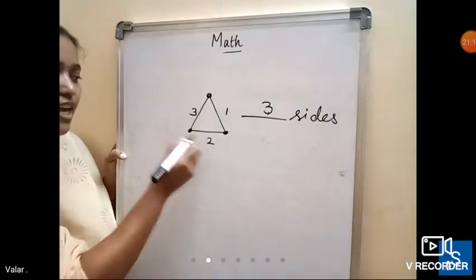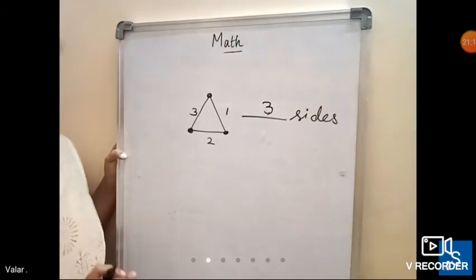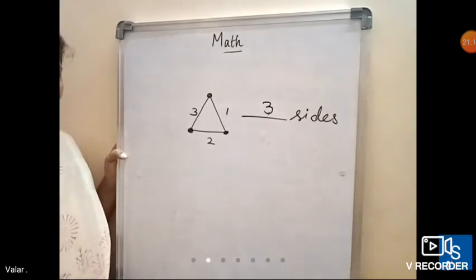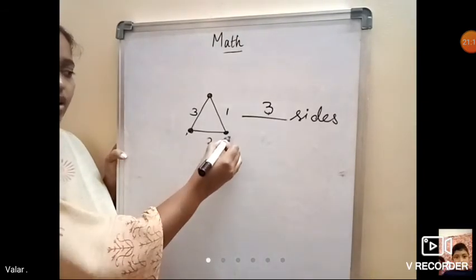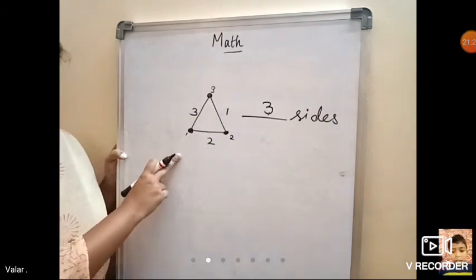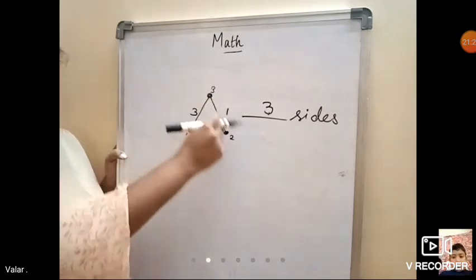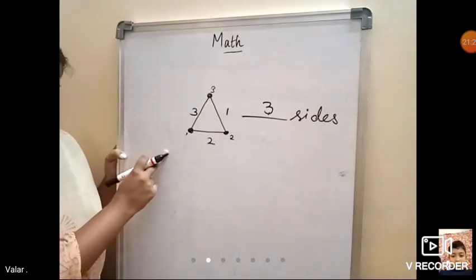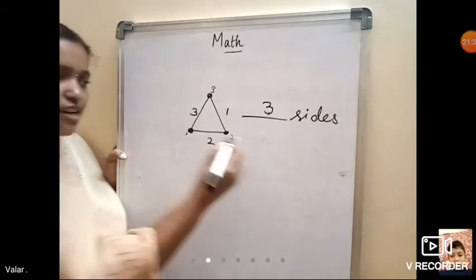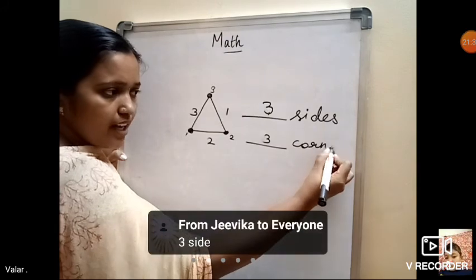Wherever we are keeping the dot, that many corners this shape is having. Now you can count 1, 2, 3. How many corners are there? 3 corners are there. Okay, how many corners are there in a triangle? There are 3 corners.